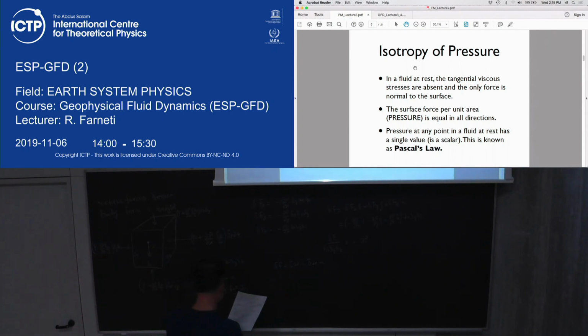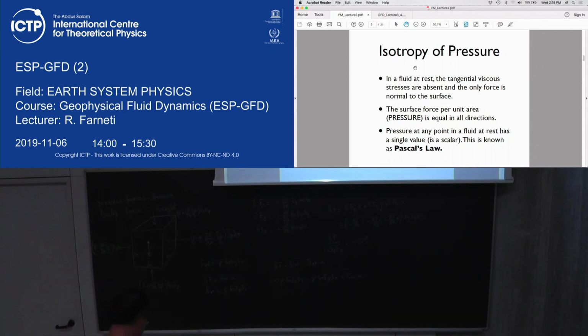So the sum of all the forces is minus grad P x, y, and z, plus the weight, which is minus gamma delta x, delta y, and delta z, and that's equal to the infinitesimal mass times the acceleration. Stop me if. It's pretty easy.